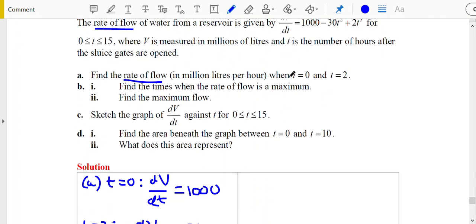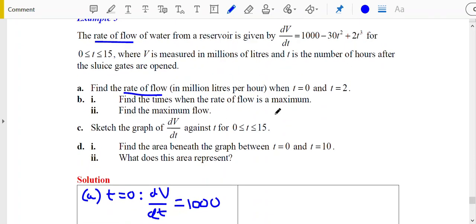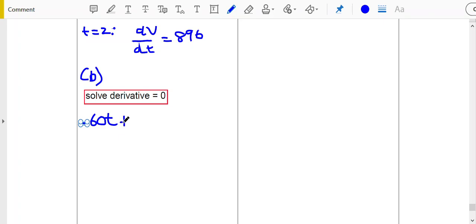And there's a cubic function. So the derivative of 2t cubed would be 6t squared. So plus 6t squared, and that equals 0. You can factorize this quite easily by taking a 6t out as a common factor, which would be 6t bracket minus 10 plus t.